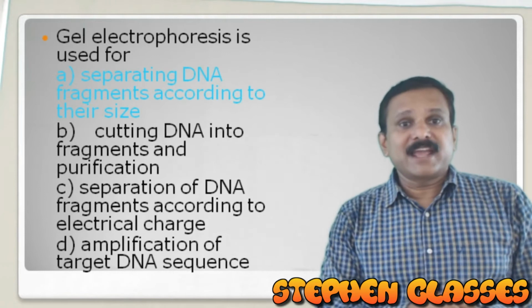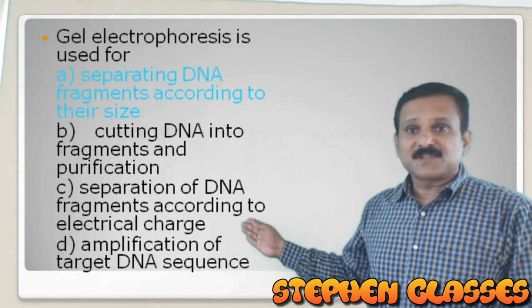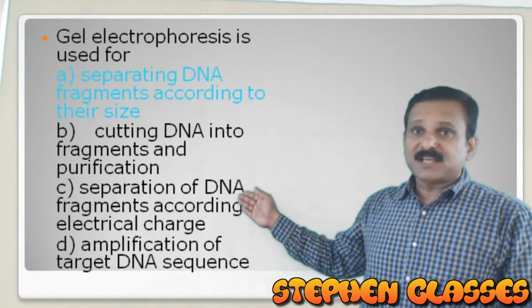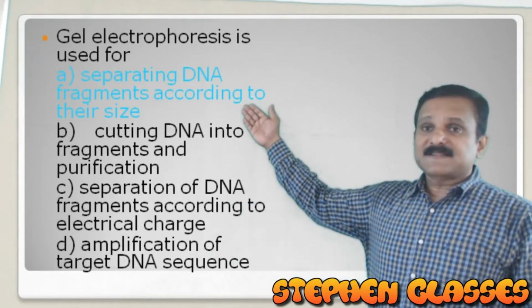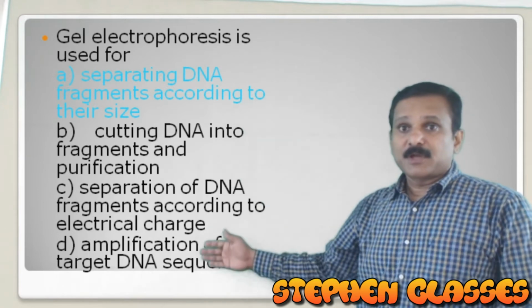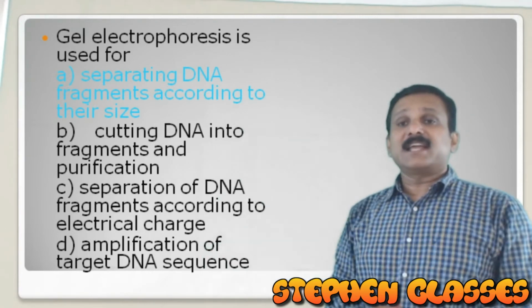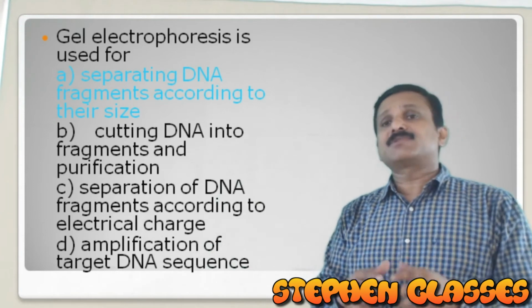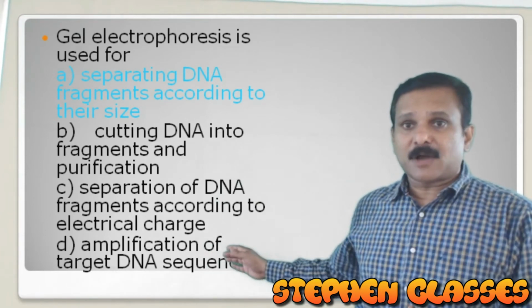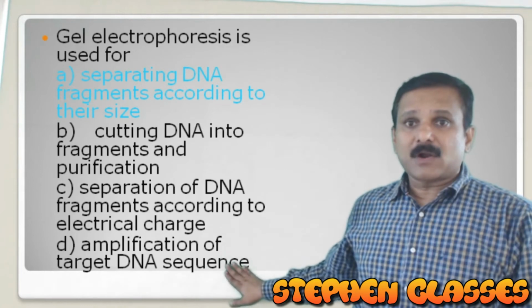Separation of DNA fragments according to electric charge is wrong, because they are moving because of electric charge, but the separation is based on the idea that they differ in size. Amplification of the target DNA sequence: as you know, in this chapter we deal with PCR, polymerase chain reaction. So this option is applicable for PCR only.